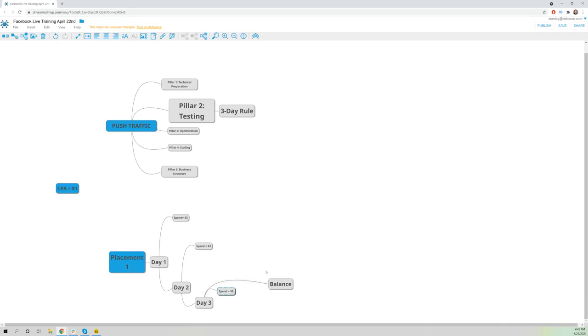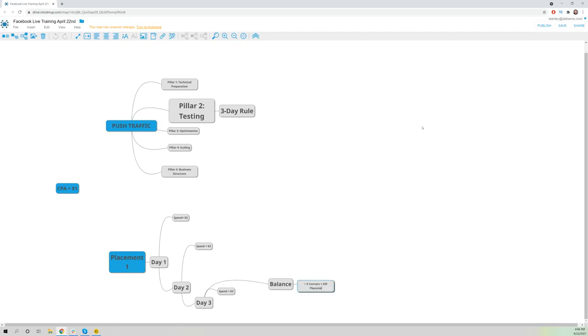At the end of day 3, we're going to see how many conversions came in during those 3 days. So we have spent $9, which is 9 times CPA, right? 9 times the payout of our offer, which means that right here, when we make up the balance, let's put it this way, less than 9 conversions, what are we going to do when we have less than 9 conversions? We are going to kill it.